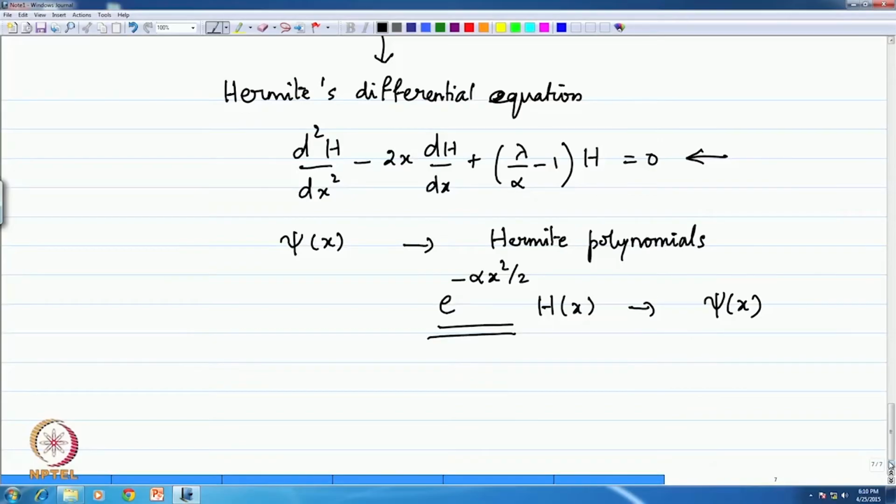So, what are the solutions for the harmonic oscillator? First of all, there are an infinity of solutions.